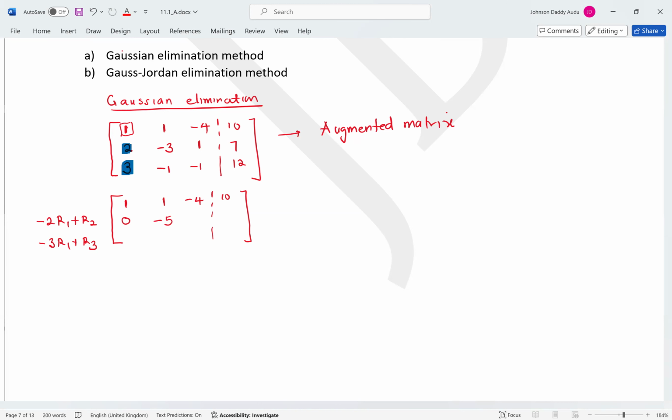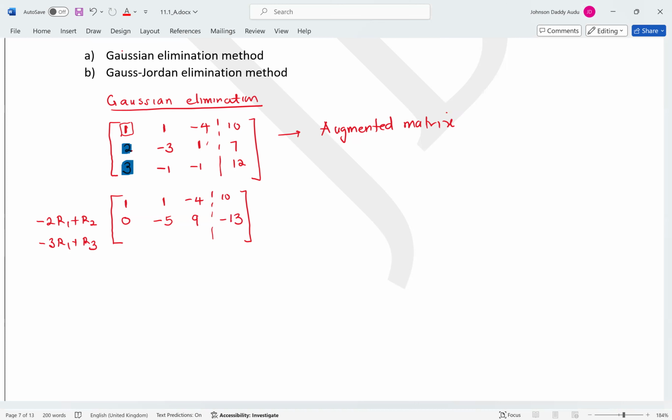Then minus 2 times minus 4 is 8, and 8 plus 1 is 9. Then minus 2 times 10 is minus 20, and minus 20 plus 7 is minus 13.